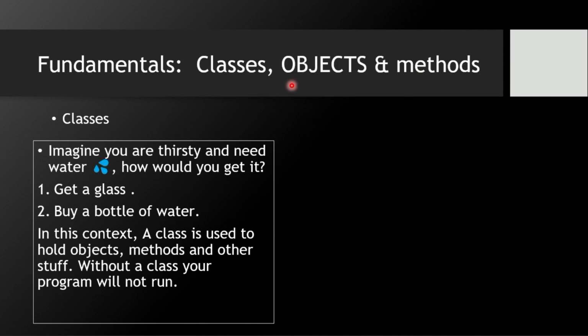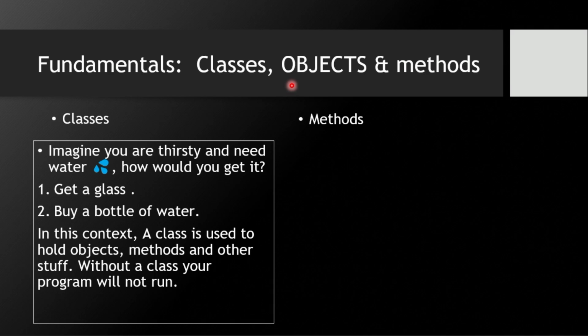If you do not have a glass, you can buy a bottle of water, which is a container that holds the water. Without a container, the water will not be accessible, as simple as that. So a class is used to hold the objects, methods, and other stuff that you are going to write in your code. That is a very important concept, and you must be able to understand the difference between them.